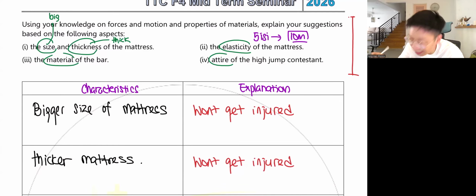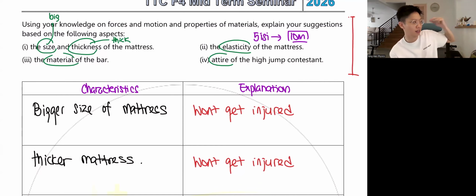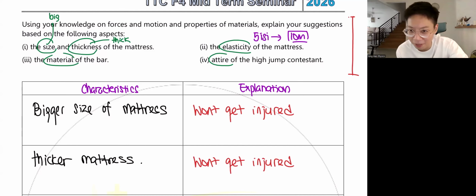So that you won't get injured. Let me explain again why this answer is not acceptable. Because we cannot write the worst case. Why do you need to wear seat belts? So you won't die? Cannot, tak boleh, guys. We ban the answer.